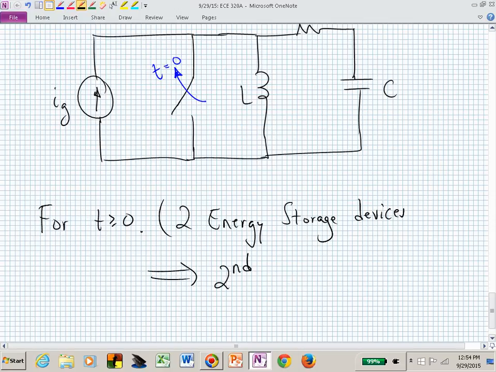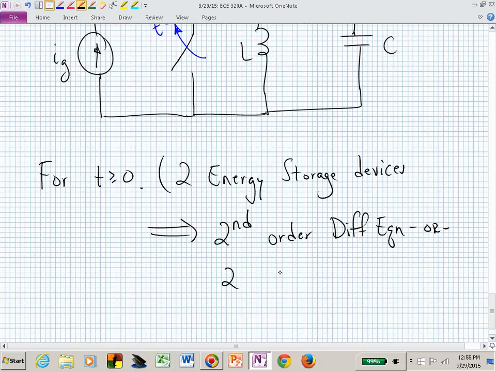So we're expecting a second order differential equation or two first order differential equations.